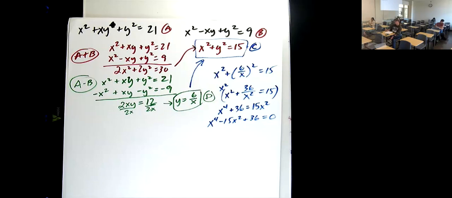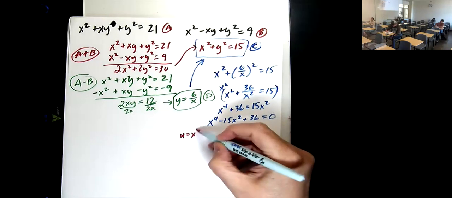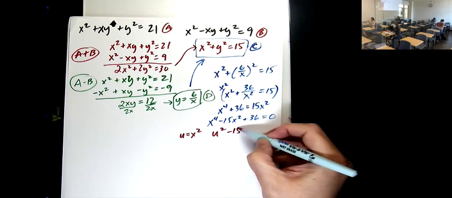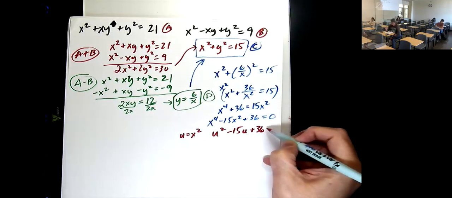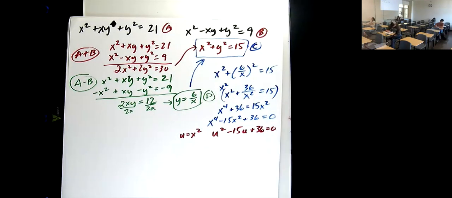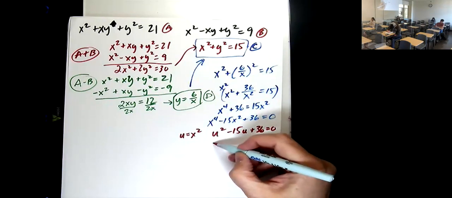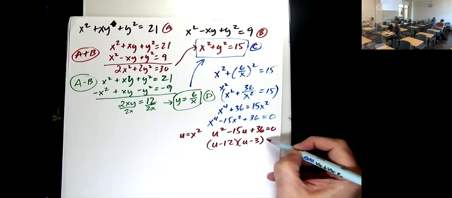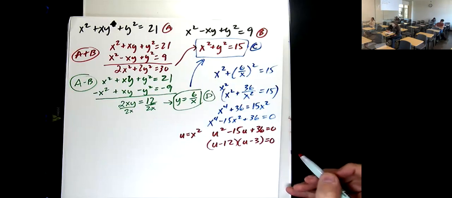If it helps here, do u equals x squared. So we get u squared minus 15u plus 36 equals 0, which factors to u minus 12 and u minus 3.